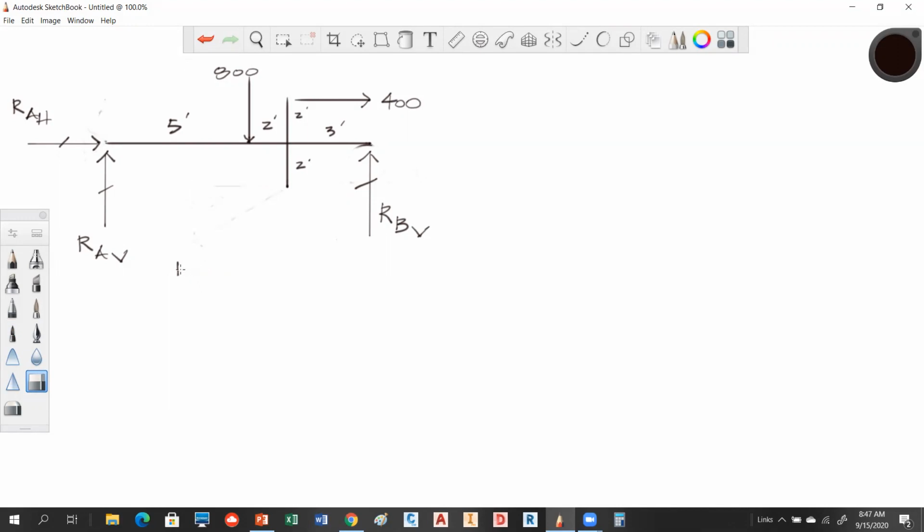You may actually have several that you need to break down. So I'm going to replace this with a vector doing this, and one that's doing this.